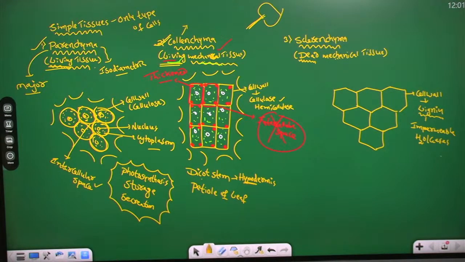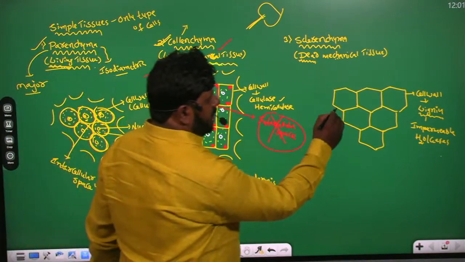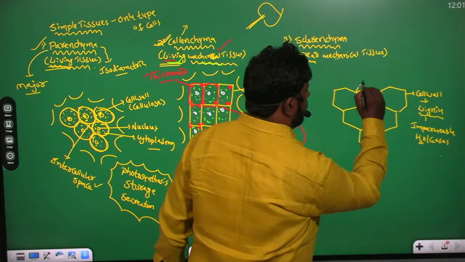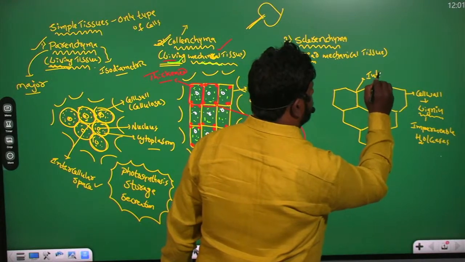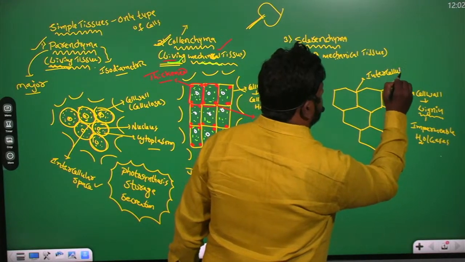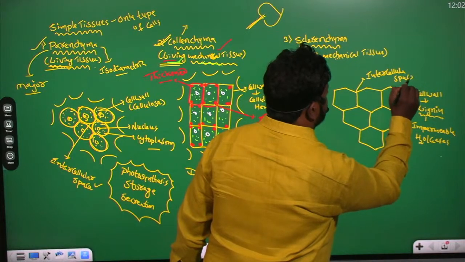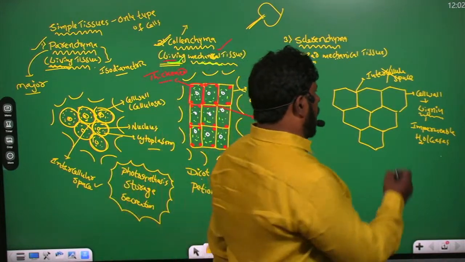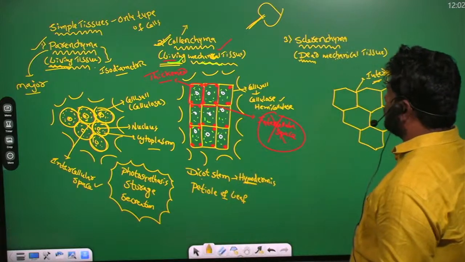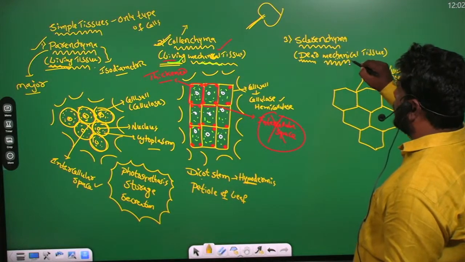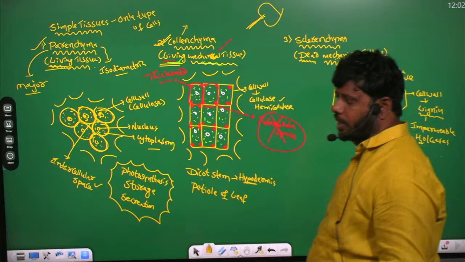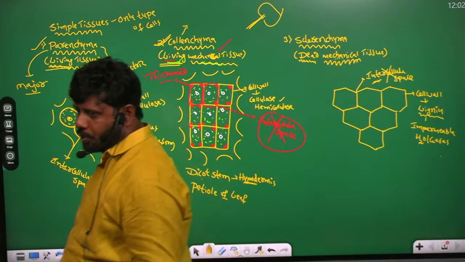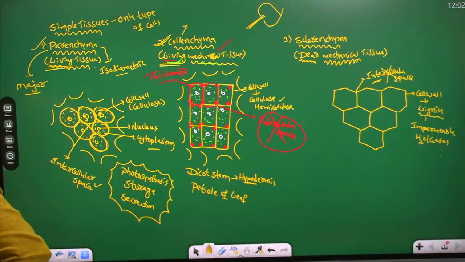And these cells are arranged very close to each other, so intercellular spaces are absent. Because of the absence of intercellular spaces, it provides mechanical support to the plant. That's why it is considered the mechanical tissue.